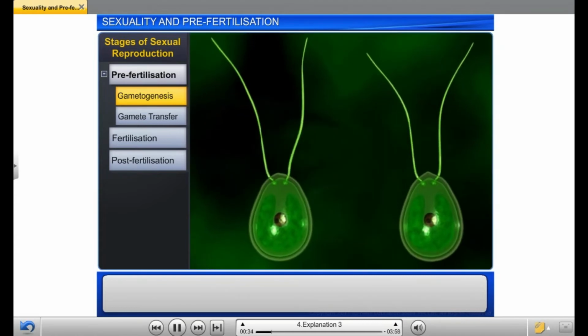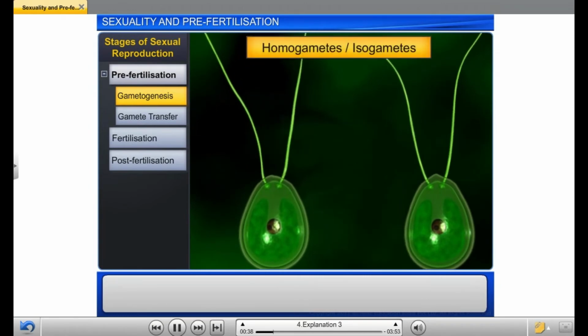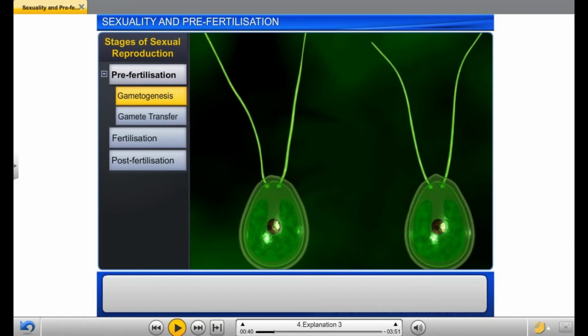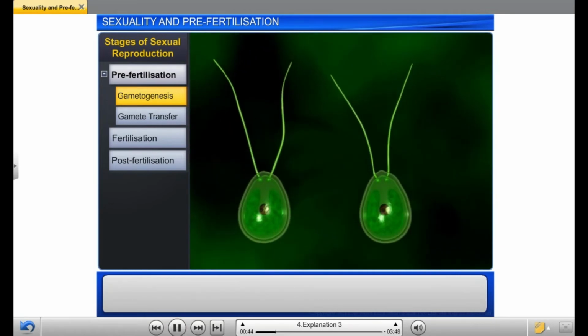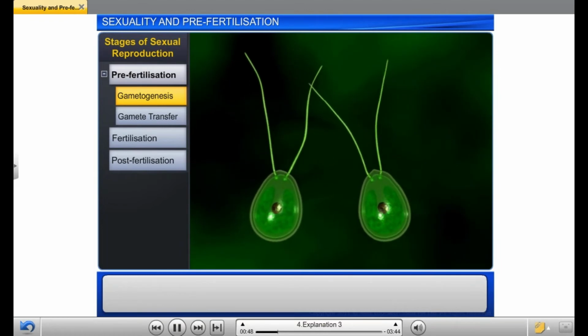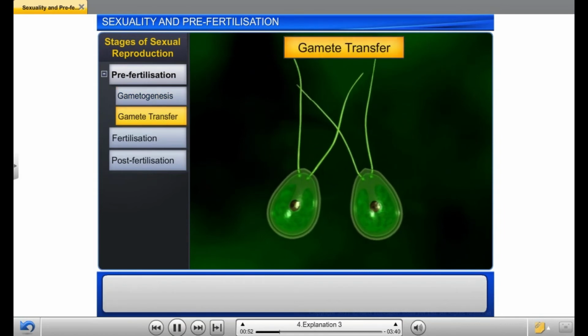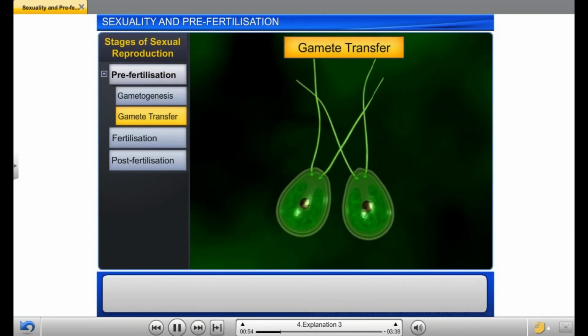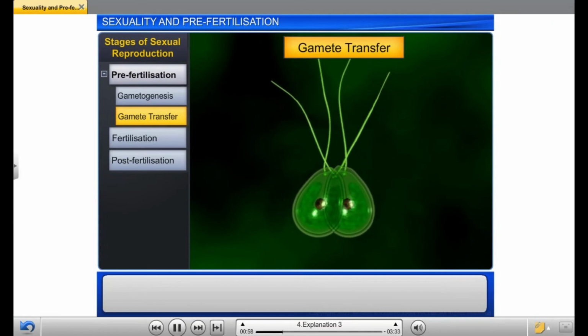Such gametes are therefore called homogametes or isogametes. Regardless of whether they are homogametic or heterogametic, the formation of gametes is followed by gamete transfer, a process during which male gametes are brought in proximity with female gametes.